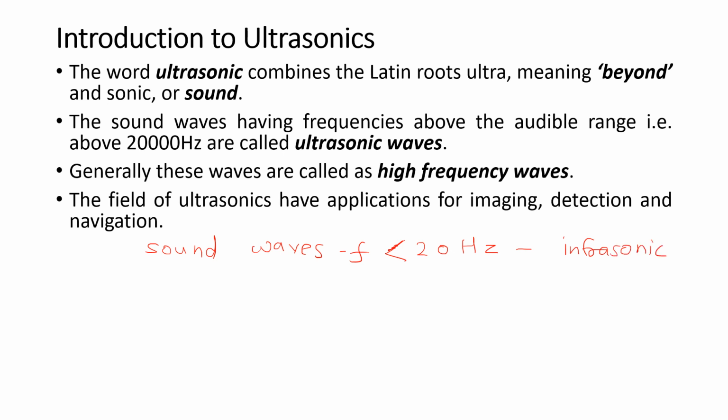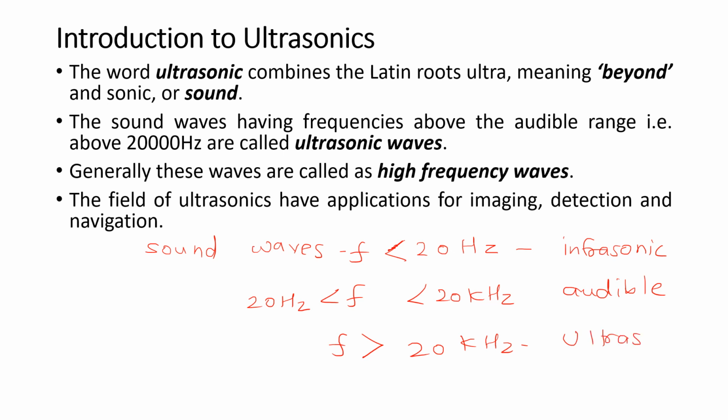The waves which are audible to human beings are 20 Hz to 20 kilohertz. So these are the frequencies which are audible to human beings. And if the frequency is greater than 20 kilohertz, then these are called ultrasonic waves.